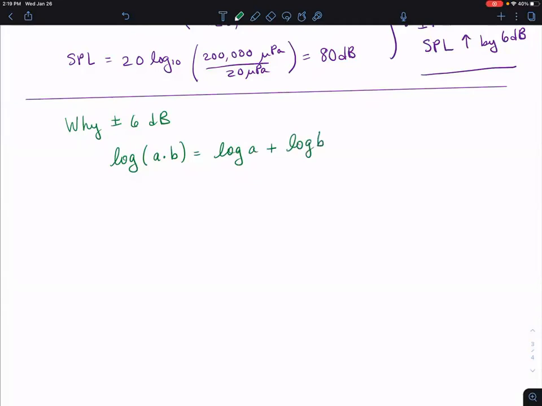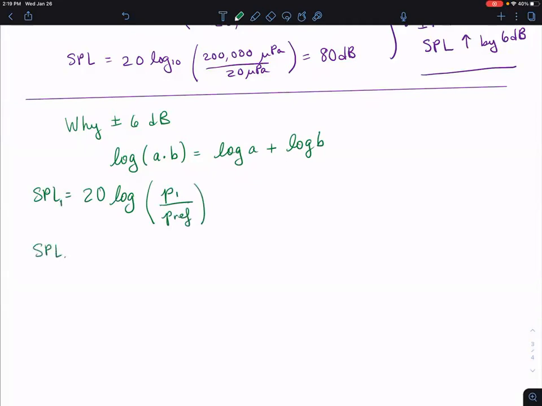So if I'm doing my sound pressure level and I have some P1 value divided by my Pref, I'll get a number. I'll call it SPL1.